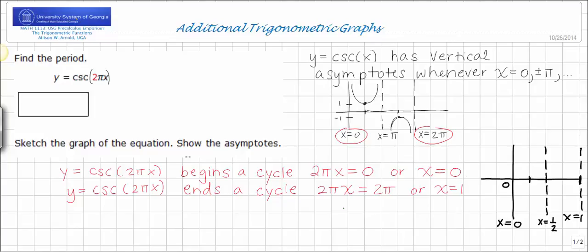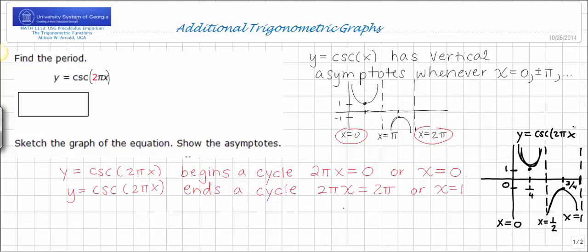Halfway between x equals 0 and 1/2 at 1/4 is our min of 1, upward opening shape. Halfway in here at 3/4 is our max of -1, downward opening shape, and that's the rough sketch of our new graph.